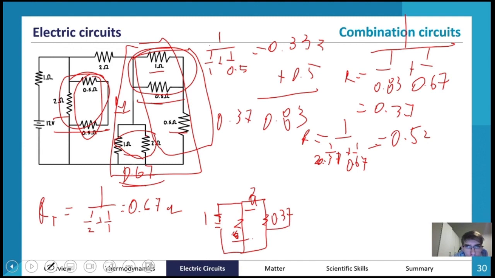And 0.52 plus 1, that would be 1.52 ohms.